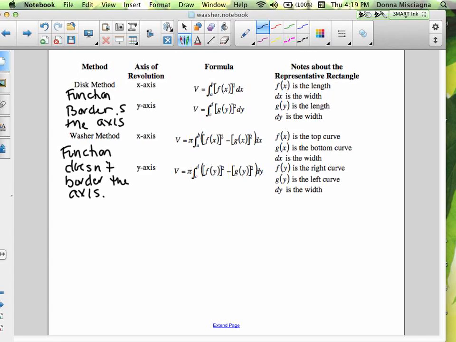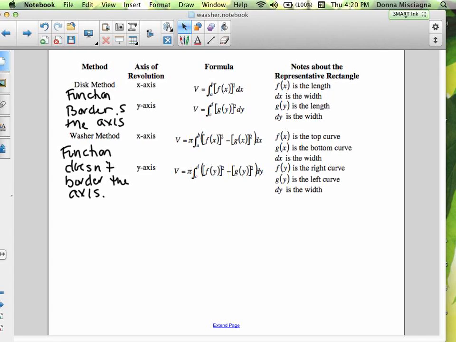All right, so if our axis of revolution is the x-axis, our radius is going to be the function squared. We'll evaluate it based on what our limits are, where the solid begins and ends, and it'll be a dx. F of x is the length, dx is the width of all of our little disc cross sections, or itsy bitsy teeny weeny little skinny cylinders.